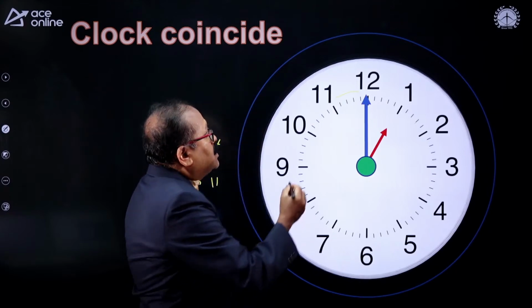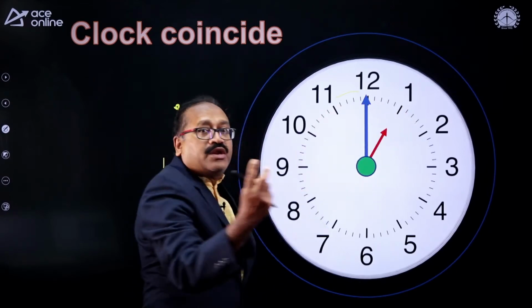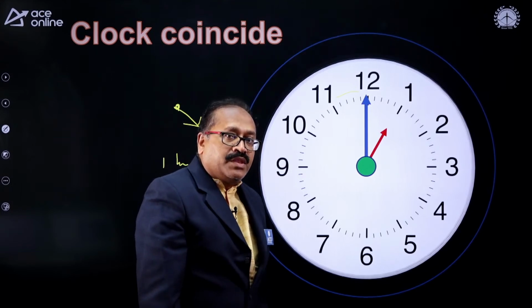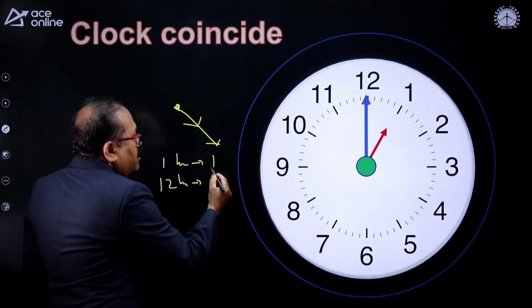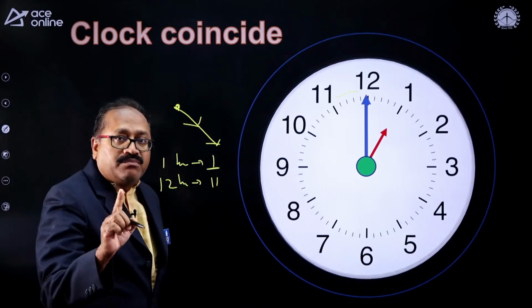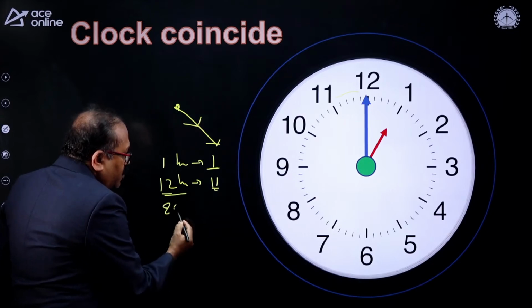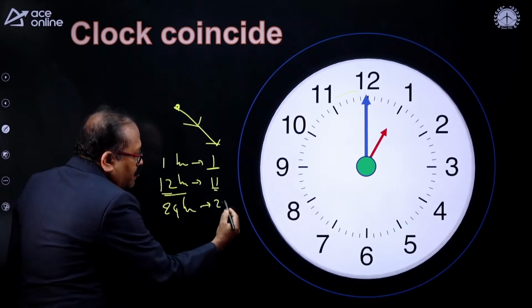Therefore, from 11 to 1 there are 2 hours, but the coincide will be 1, Mr. Mahesh. Therefore, for every 1 hour the hands coincide one time, but in 12 hours it is 11 times, and in 24 hours it will be 22 times.